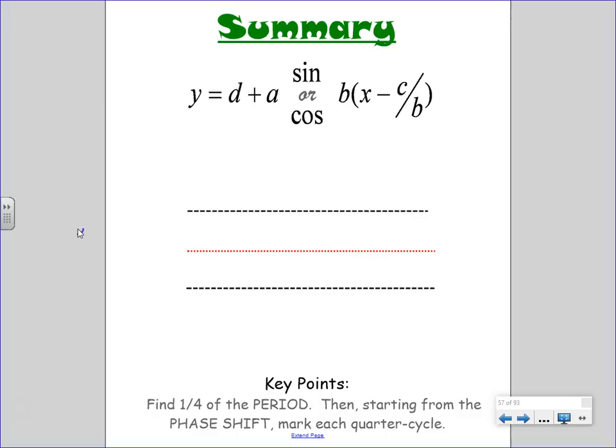But here's where we're trying to get. We're trying to get to the point where we can figure out where the middle of the graph is, which is going to be the sinusoidal axis, which could be many different places. We're going to try to figure out from our amplitude how high and how low our graph is going to go.